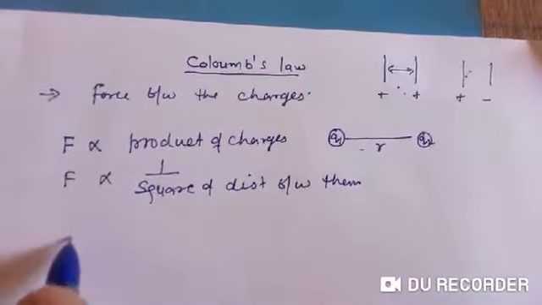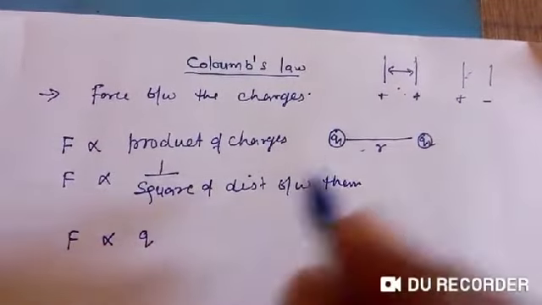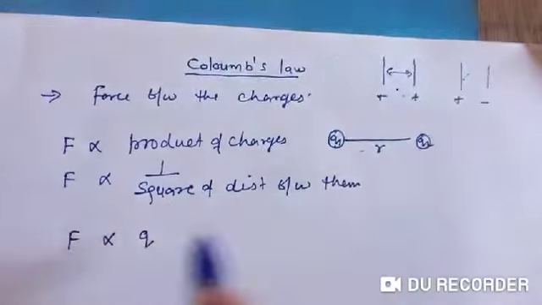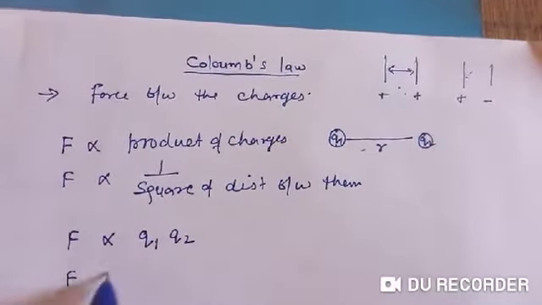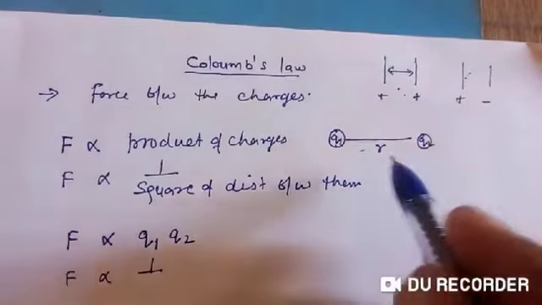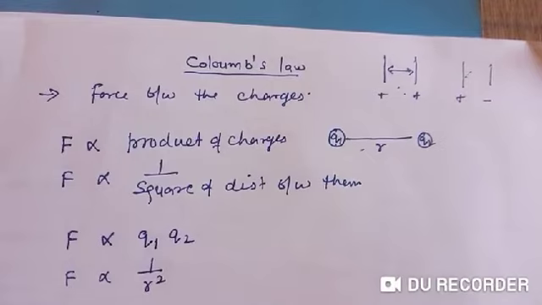So if you write it mathematically, F is directly proportional to the product of charges Q1 and Q2. So their product is Q1 Q2, inversely proportional to the square of distance. So distance is R, so the square of distance.